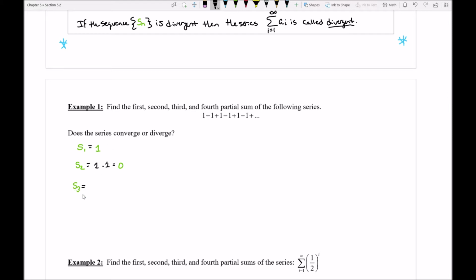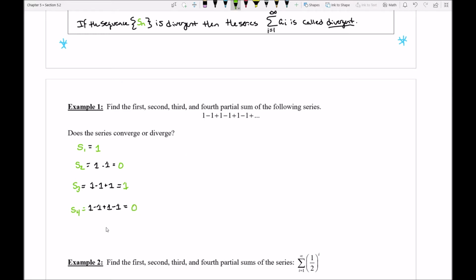So here it's like, what's the grand total after I have had 3 items in the addition problem? Notice these would be the first 3 items, and the grand total result is just going to be the value of 1. S4 is going to be given here as 1 minus 1 plus 1 and then minus another 1, which of course is going to leave me back again with the value of 0.